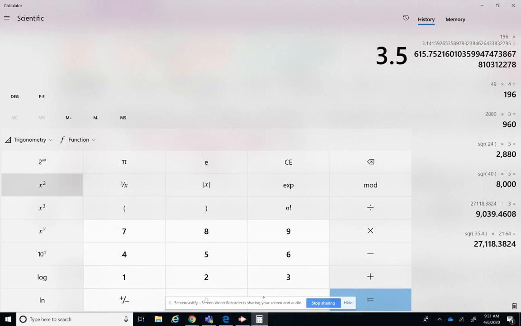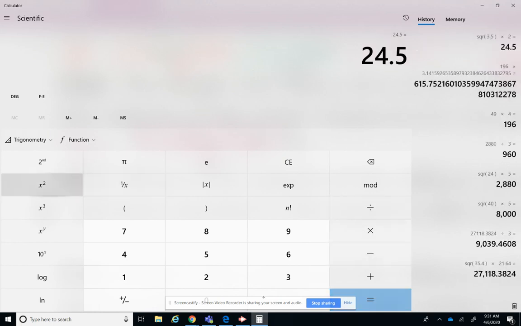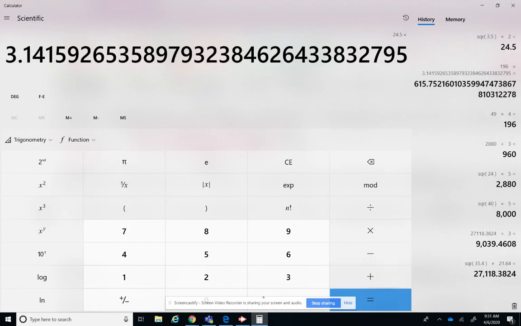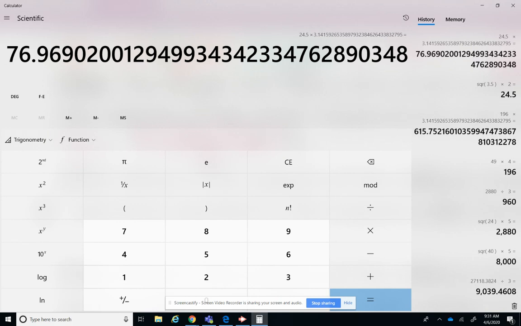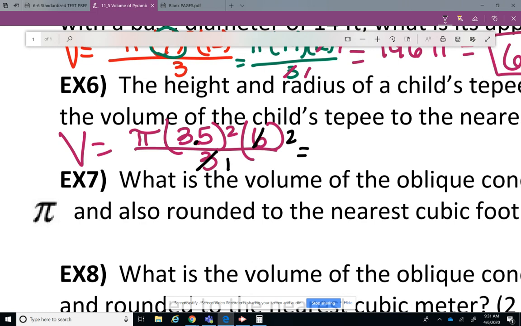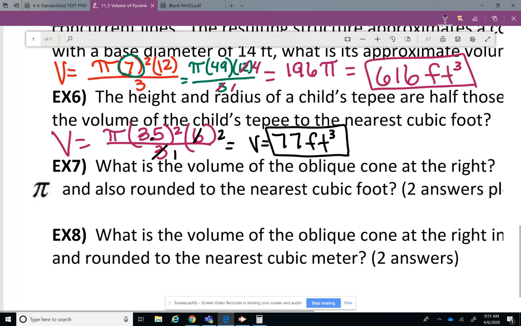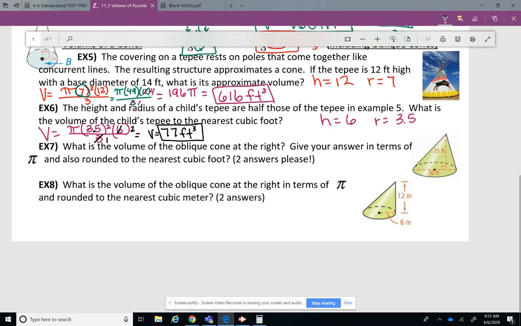Round it to the nearest whole number. That's 76.96, which makes that 77. So the volume is 77 cubic feet. All right, so that's the volume of the child's TP.